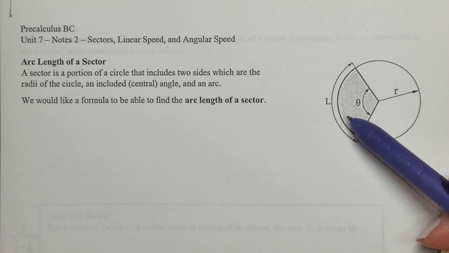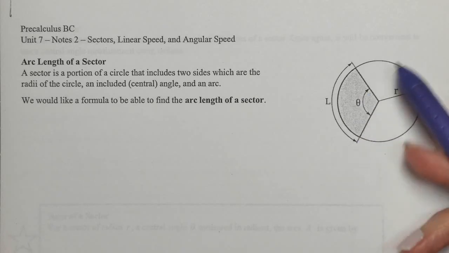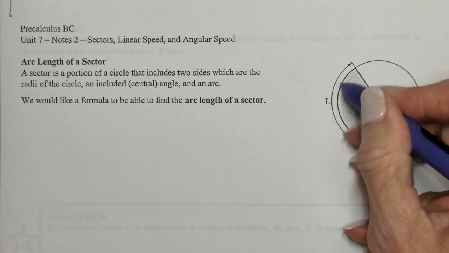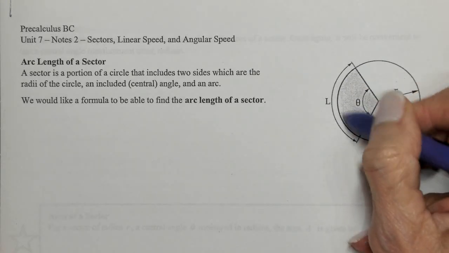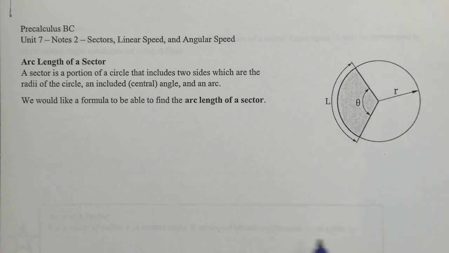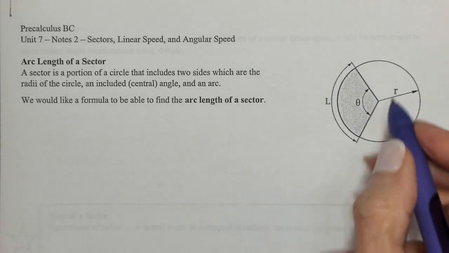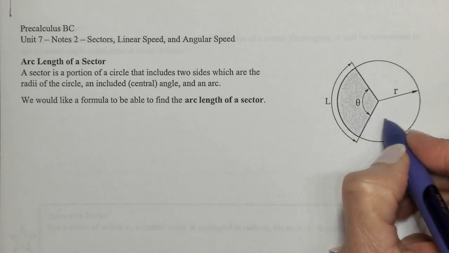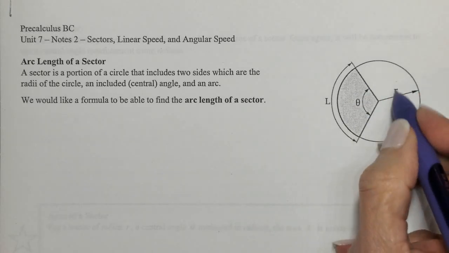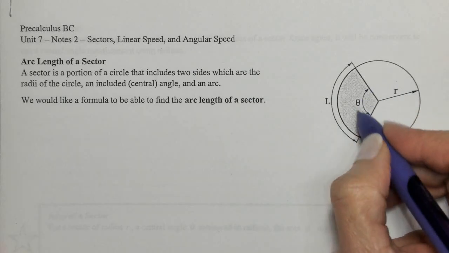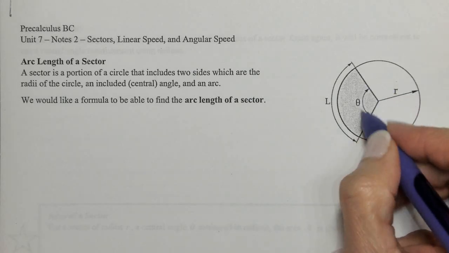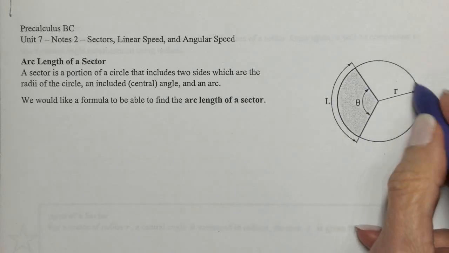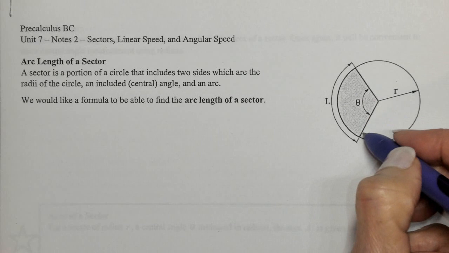We would like to be able to find a formula that we can use for the length of the arc of the sector, called the arc length. The entire circle would be composed of 360 degrees or 2 pi radians, and the entire circle would have a length, a circumference, of 2 pi r.